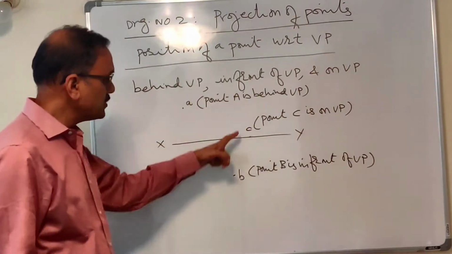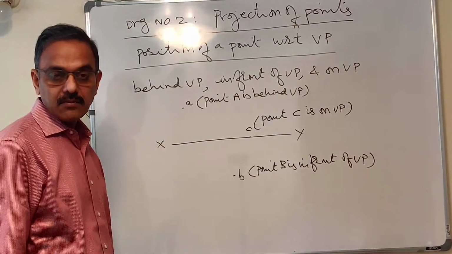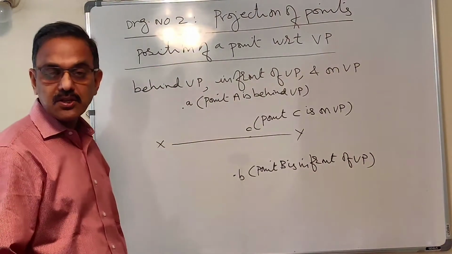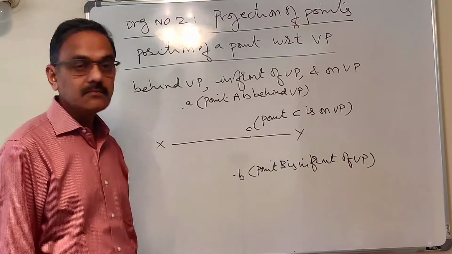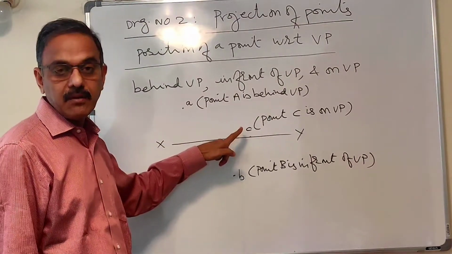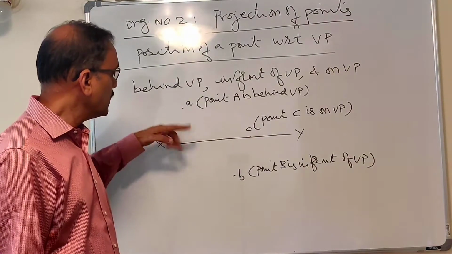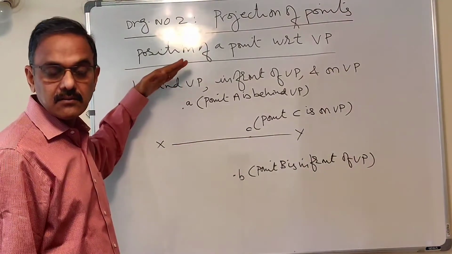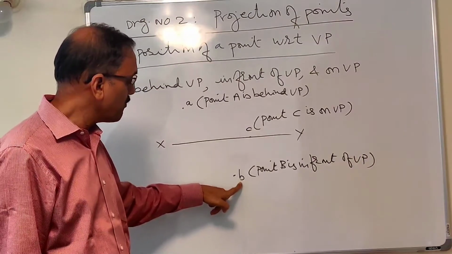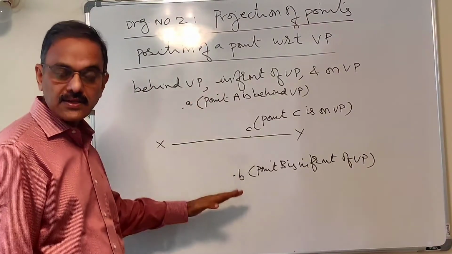All the 3 points are the top view of the points, because in all the 3 points I have projected onto HP. The projection on HP is called its top view. This is the top view of A, this is the top view of B, this is the top view of C. But the top view of A is shown above the XY line. That means it is behind VP. Here the top view of B is shown below the XY line.